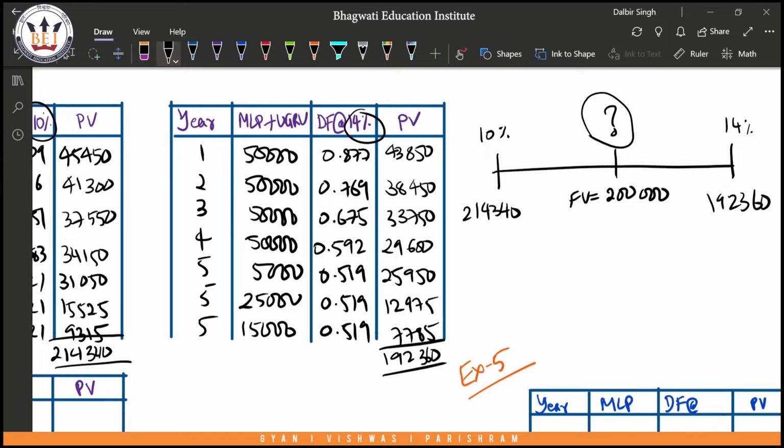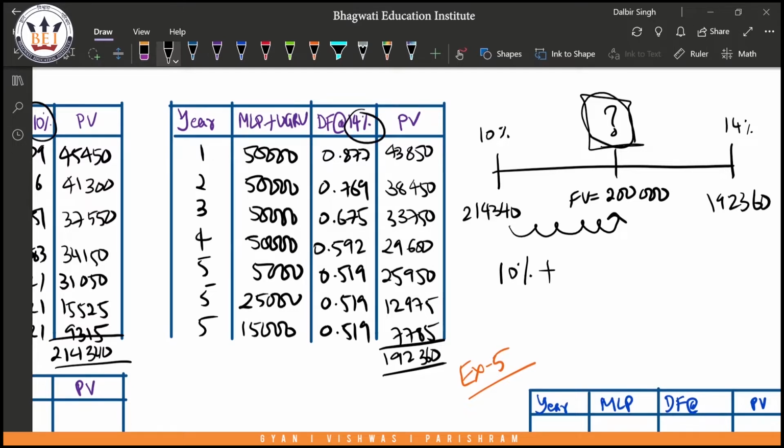Now you see, as you increase the rate of interest, your present value decreases, which means I have to keep increasing until I find this interest rate. How will I find this? I will use the same IRR principle. I will start from 10%.